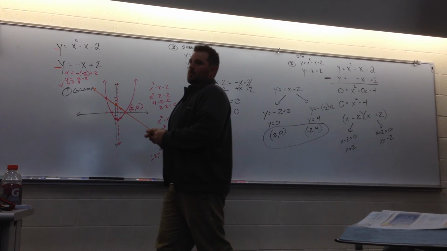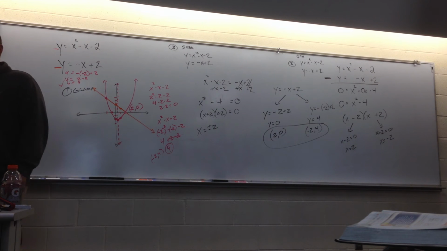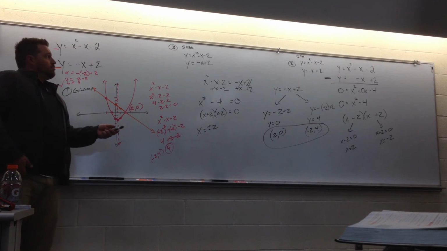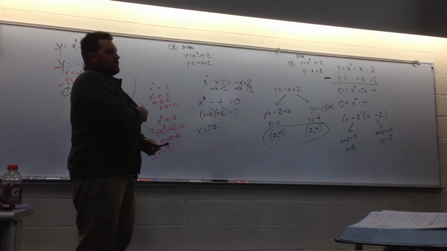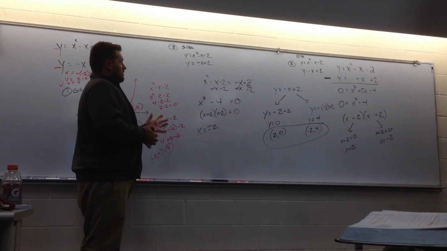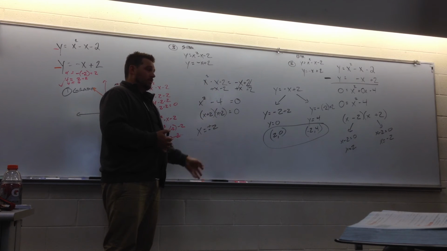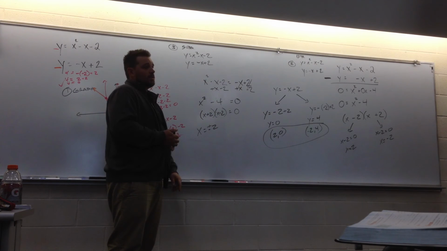So all 3 of the methods work. All 3 of them will be easier depending on what you're given. In a situation like this, I would say probably use elimination or substitution. With substitution, they're both already equal to y, so you can do it real quick. That literally took like 2 seconds.